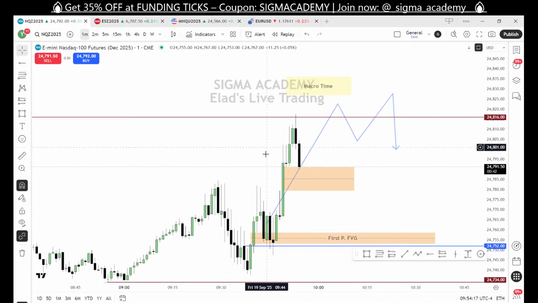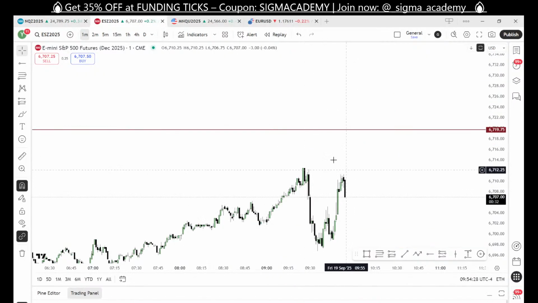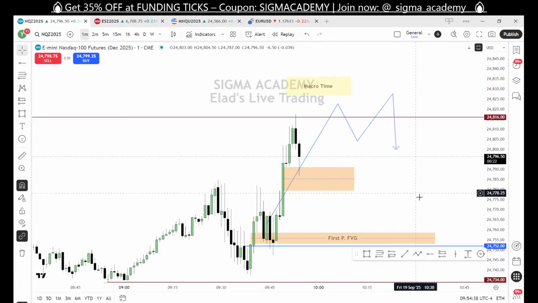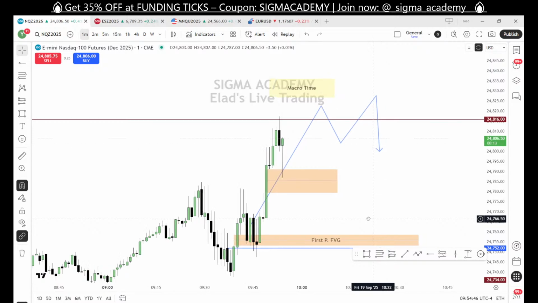For now, it looks like a manipulation, by the way. Let's see if any fair value gap remains, or if it closes below this fair value gap. We have this SMT in our favor also. For now, we are respecting this fair value gap.